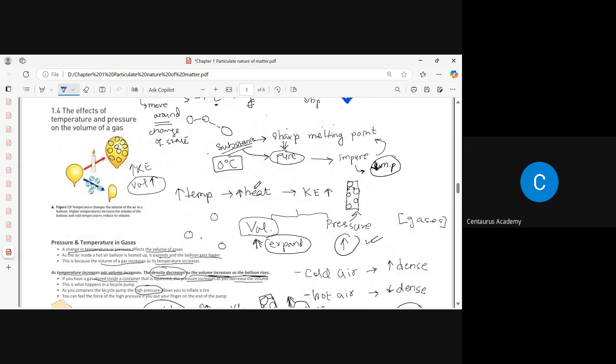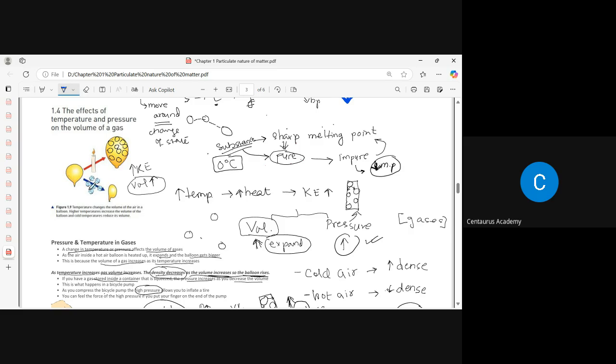Now we have the effects of temperature and pressure on the volume of a gas, which we are going to discuss. For instance, there is a balloon you see in the diagram which is being heated up. As a result, we see that the balloon expands, right?